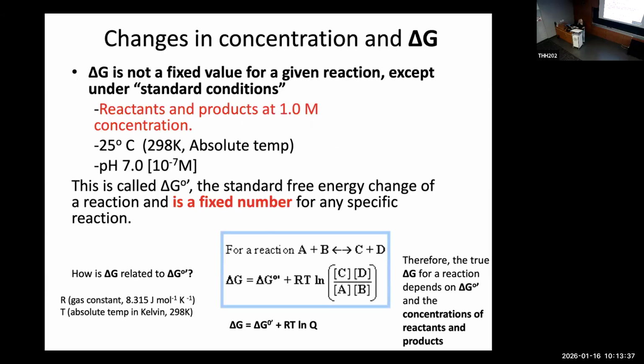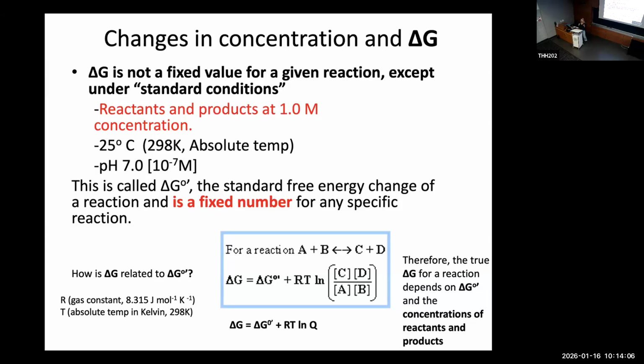Okay, so lots of information here. All right, so how can we think about this, and how can you relate chemical reactions to each other? So people understand that delta G can change the favorability of a reaction, but if you want to do some comparisons between reactions and think about favorability of certain reactions overall, you want something that is definable.